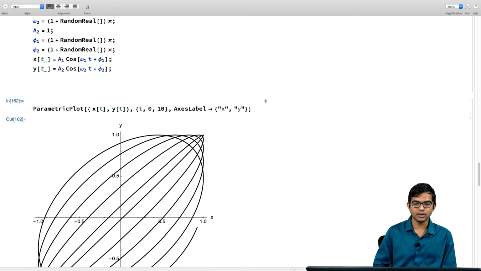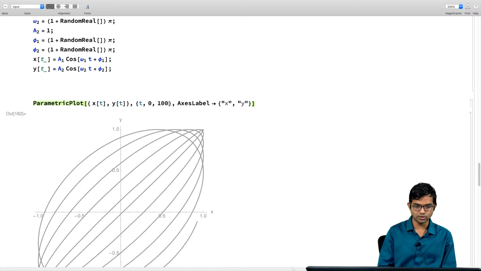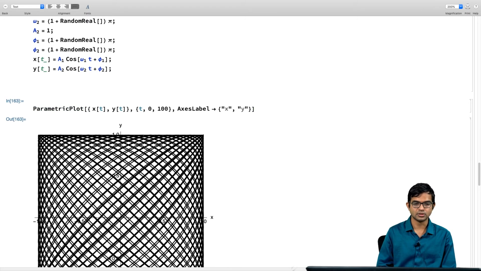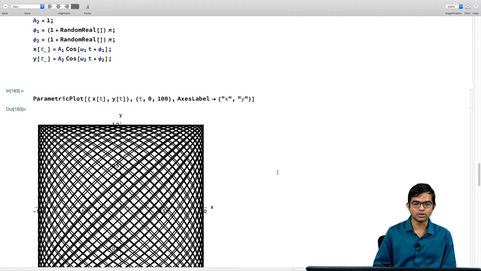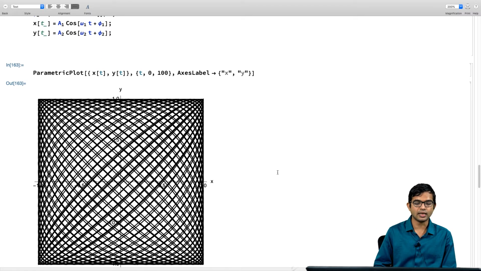In fact, let me keep the parameters as they are. I have run here only from time going from 0 to 10. If I make it go from 0 to 100, let's see what happens. Already I see that, of course, I told you that it can never go outside of this rectangle, which is a square in this case. It seems like a very rich tapestry, some pattern is coming out.